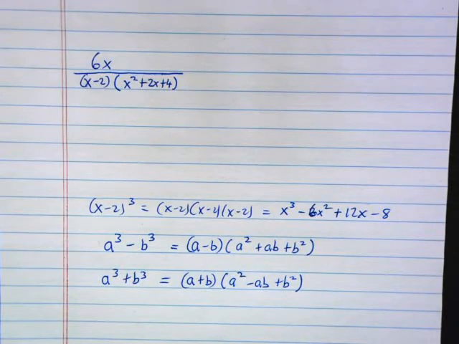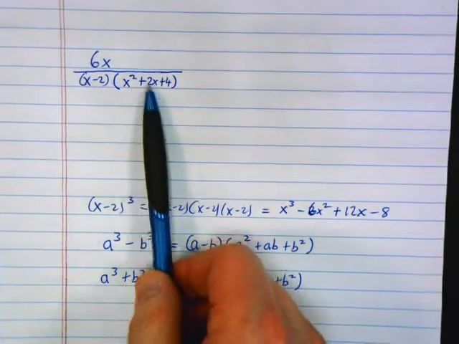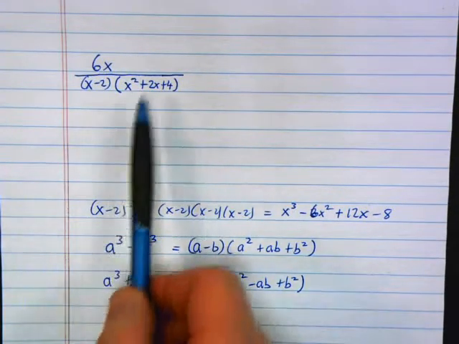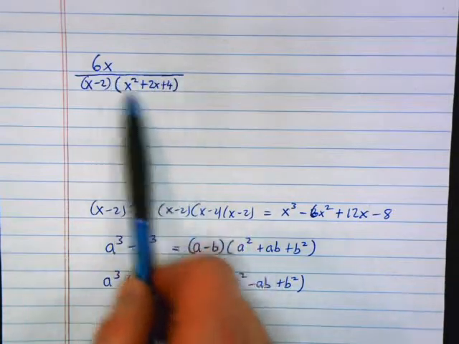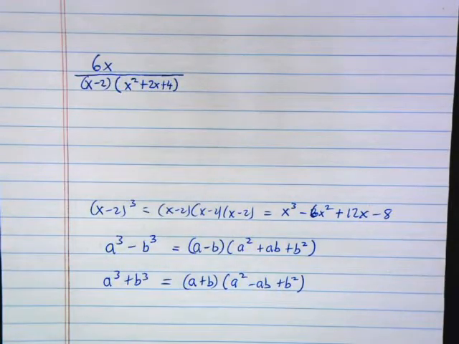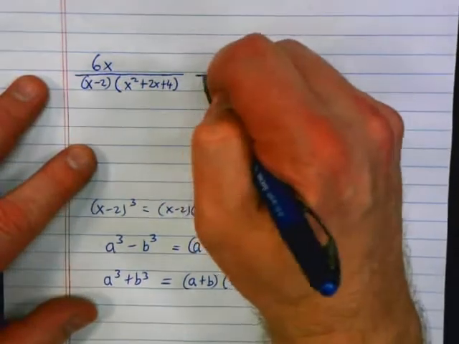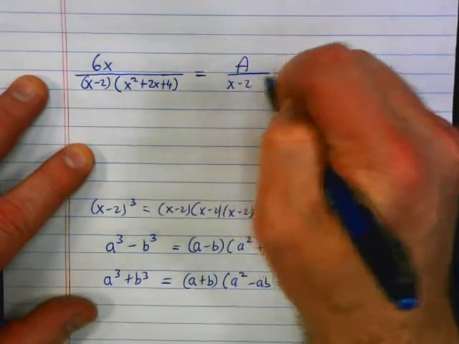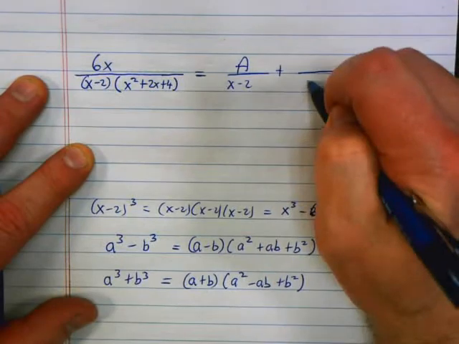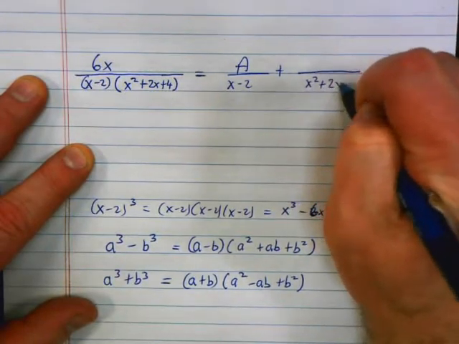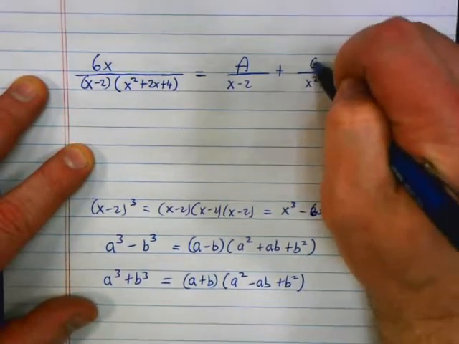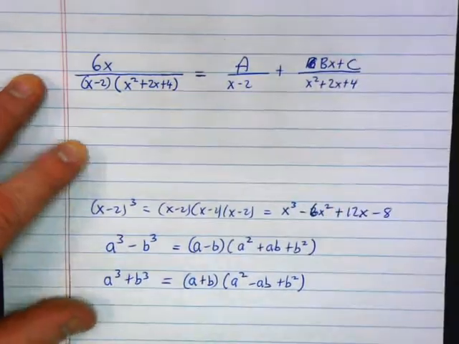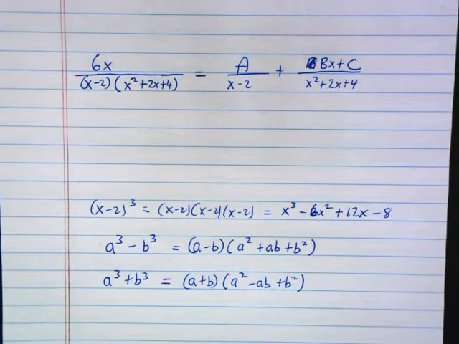And you can try it. Unfortunately, x squared plus 2x plus 4 does not factor. So you're left with a quadratic here that does not factor, what we call an irreducible quadratic. We're going to have a over x minus 2 plus the second one, again, that one's quadratic. Since it's quadratic, we need linear up on top, bx plus c.